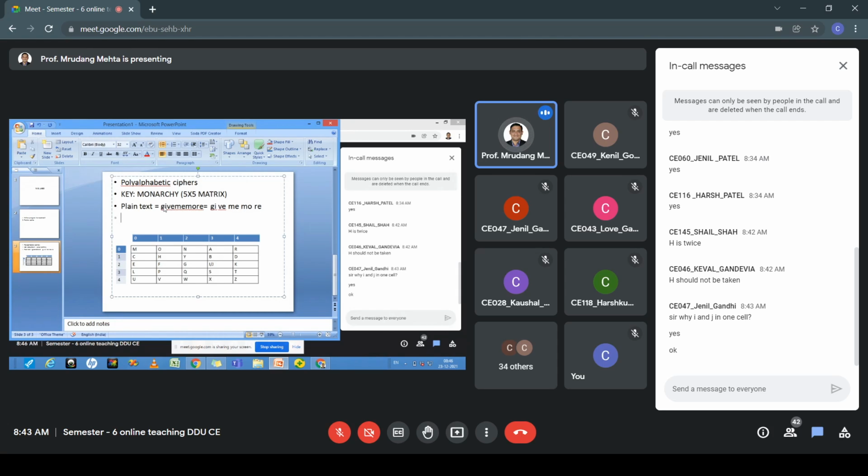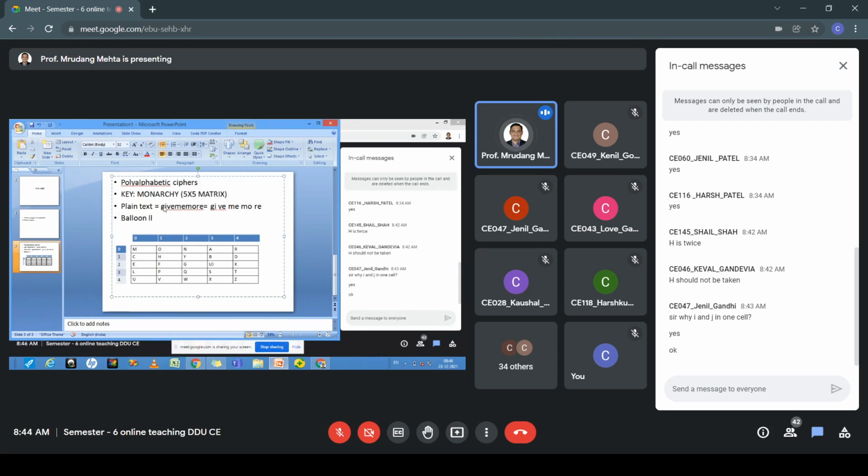If the number of characters is odd, then you have to put one dummy character and make it even. And the second rule is that if some character comes consecutively, for example in balloon, double L comes twice. So we should not take double L or any character in the same set twice.